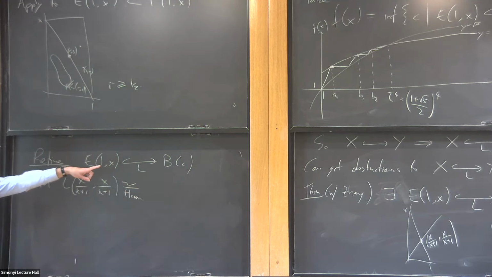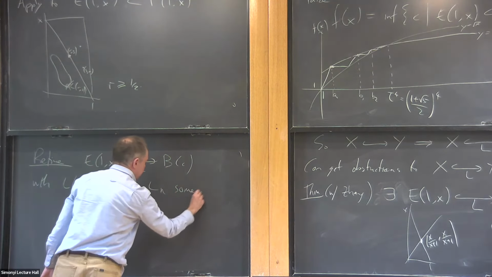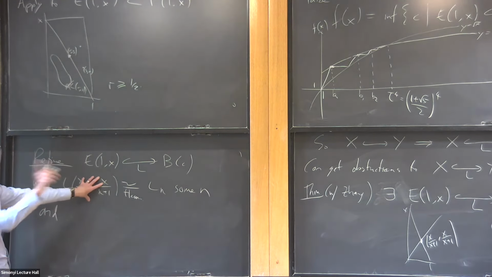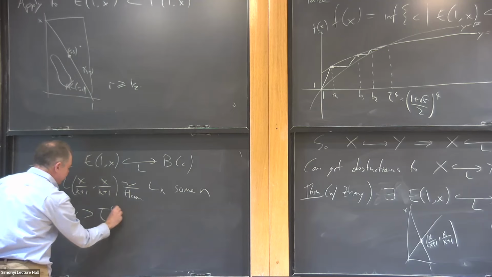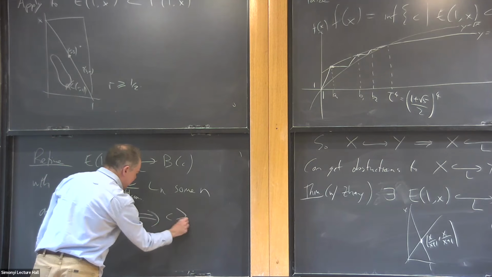I'm not claiming it's an unknot, but I want to assume it's one of those L_n, some n. I'm weakening that assumption, but I have to add another one. Let's suppose that x is bigger than or equal to tau to the 4, then all that still implies that c is bigger than 3x over x plus 1.